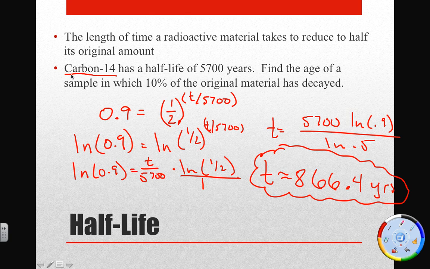They do this with dinosaur bones. They determine the amount of carbon-14 in the bones now compared to what it should have been, and then they can figure out the amount of years from now, how long ago it was on the earth. But they use this formula. They use half-life to an extent.